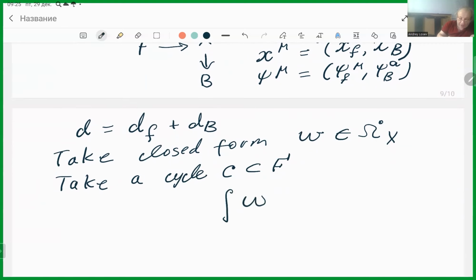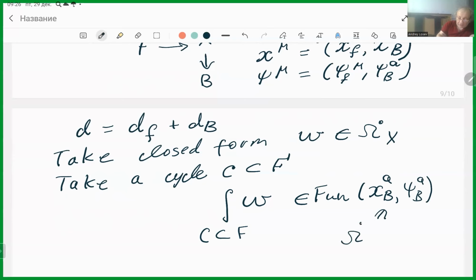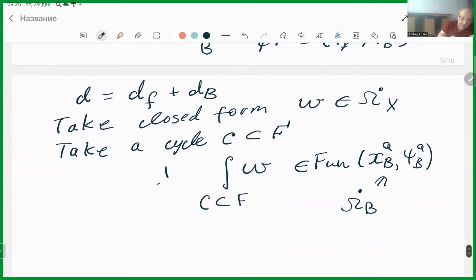And suppose I integrate omega like this. This would be a function of x base A, psi base A. That is a differential form on the base. And let me call this I.